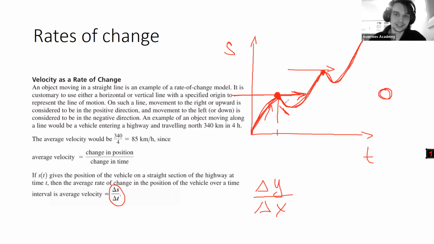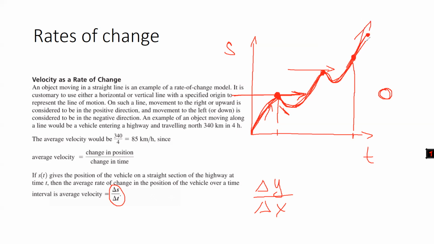This is how the distance I covered changed over time. Can you tell me what my speed was, so instantaneous rate of change, like 10 minutes before the end of my ride? Or in other words, velocity. What was my velocity at that time, right? How fast I was going at that point of time.